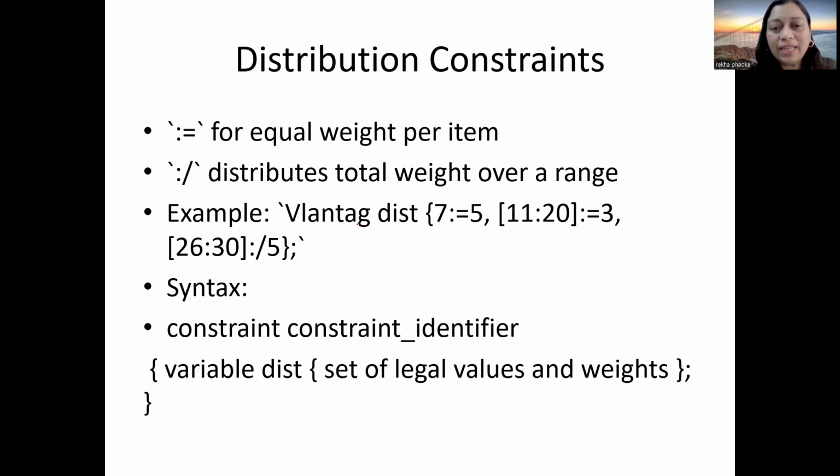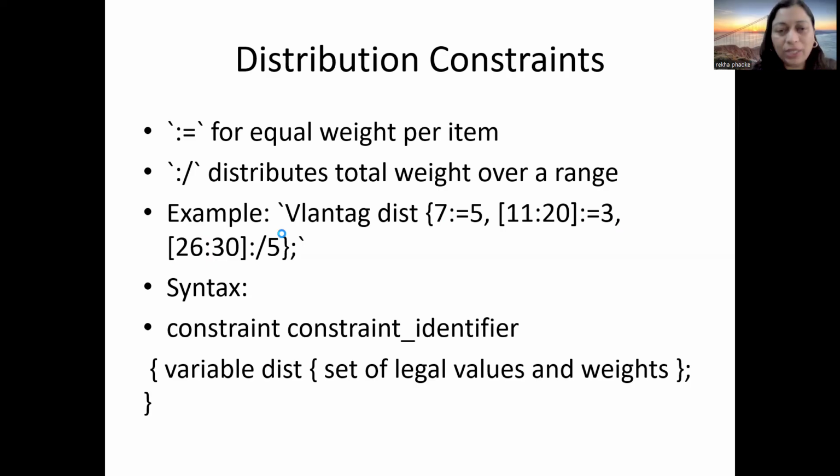I'm saying VLAN tag can have 7 colon equal to 5. So 5 is the weight for the value 7, and for values from 11 to 20, if the data is generated, it should have a weight of 3. Or if it's anything between 26 to 30, it should have a weight of colon slash 5.